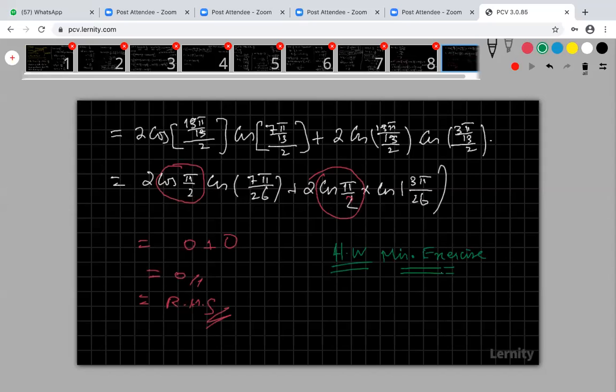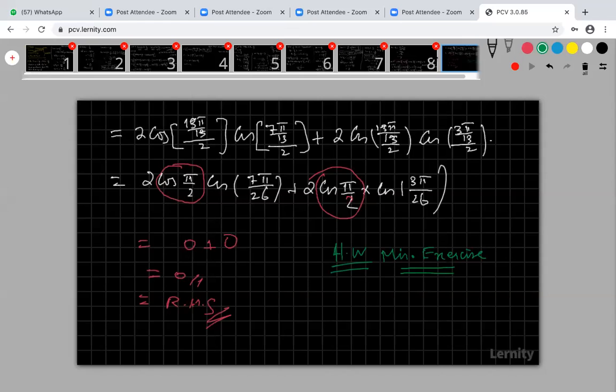The miscellaneous exercise is separately there.